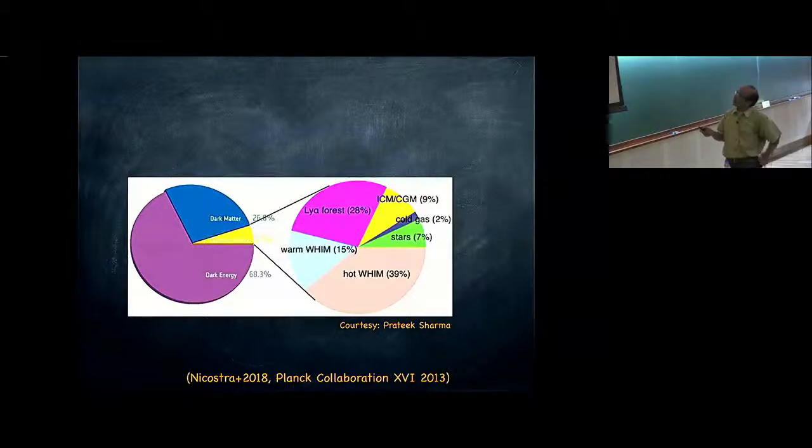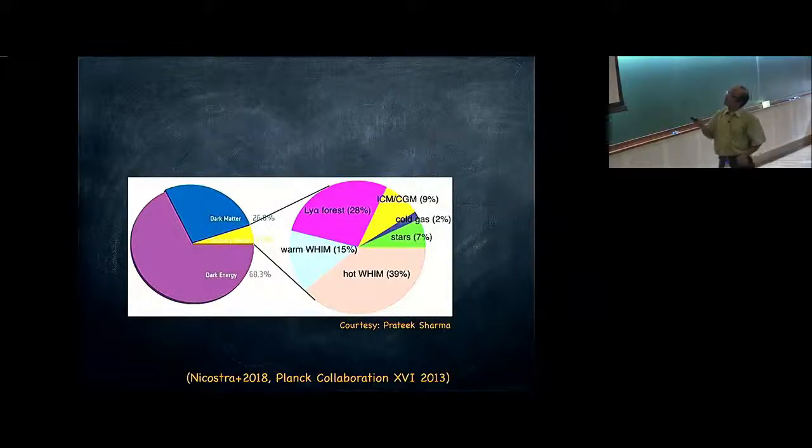Some of it is in the form of Lyman alpha forest in the intergalactic medium, or warm hot intergalactic medium, and this part, for example, in the Lyman alpha forest and the WHIM is in the intergalactic medium outside of any collapsed structure. And it's actually very interesting that most of the baryonic matter in the universe is outside of any collapsed structures.